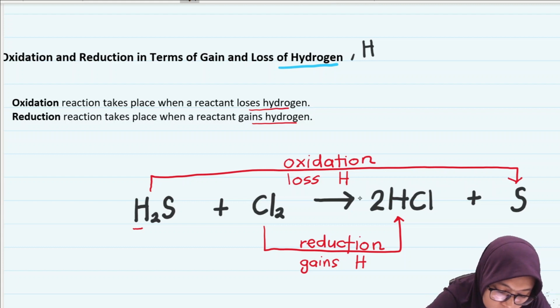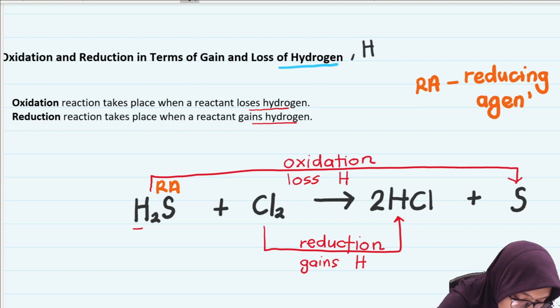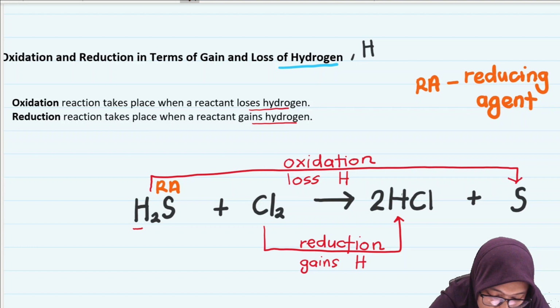So siapa yang undergo oxidation? Dia adalah reducing agent. Ingat RA tu saya ringkaskan untuk reducing agent. Chlorine undergoes reduction, so chlorine is the oxidizing agent. Oxidizing agent adalah OA.